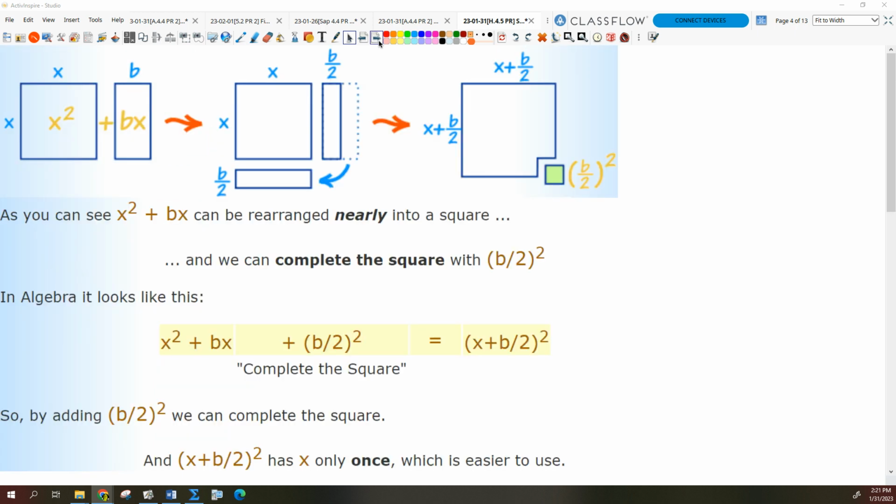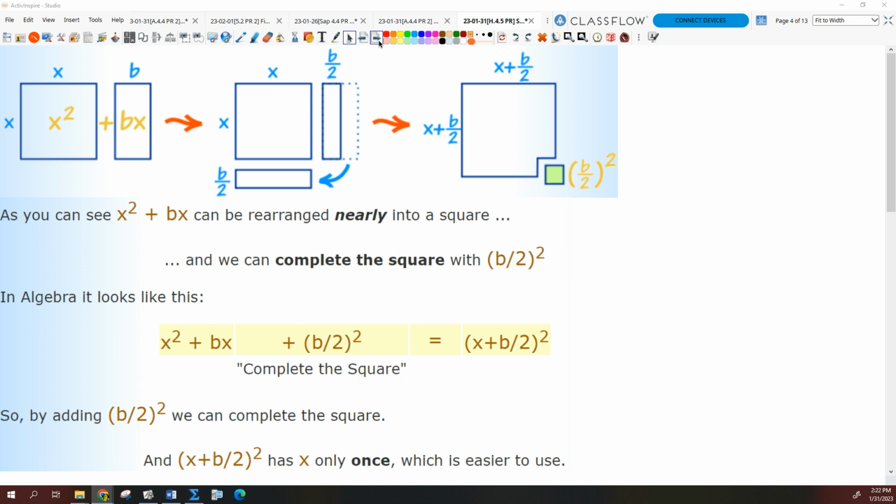And here's a way to think about it, right? We end up with x squared plus bx, and to complete the square, we write it as x plus b over 2 quantity squared if we add b over 2 squared.